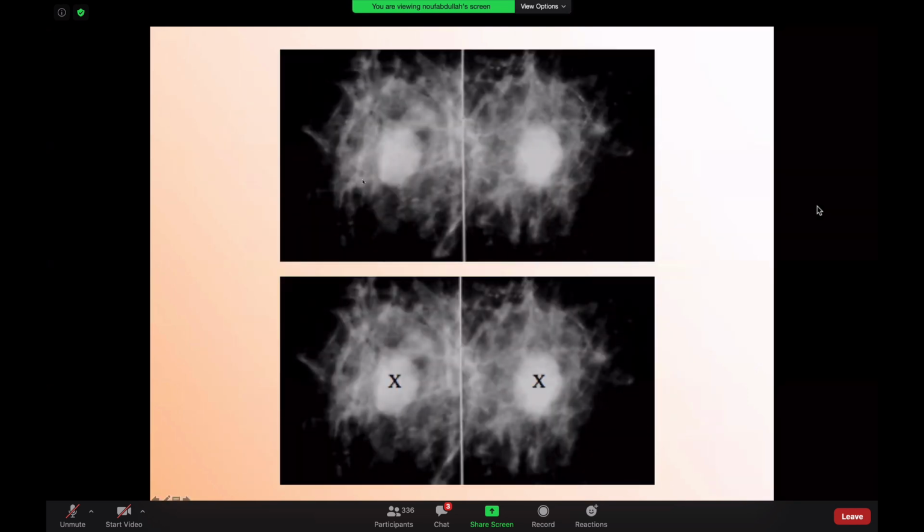So if you have a mass, I will have the 15 plus and the 15 minus image. I will have the mass on both views. I will put my X on the mass. The computer will calculate for me the X, Y, and Z location of the lesion, and I will be able to do the biopsy using the X-ray.